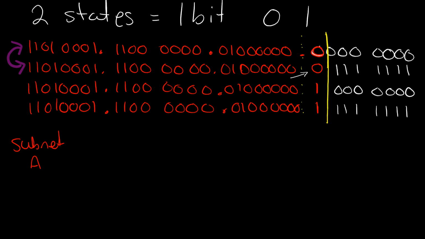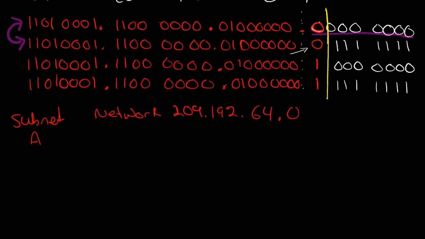And the first address is our network. So the network is going to be the same, 209.192.64, and we're going to look right here at these bits and we'll see that it's still .0. The broadcast, I'm just going to leave that in view.